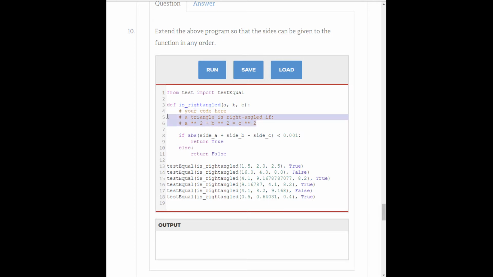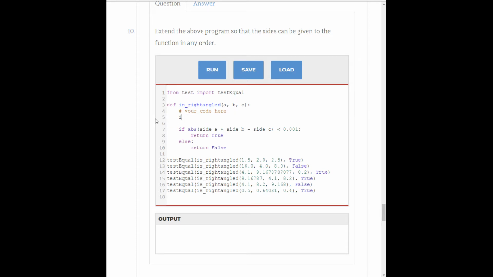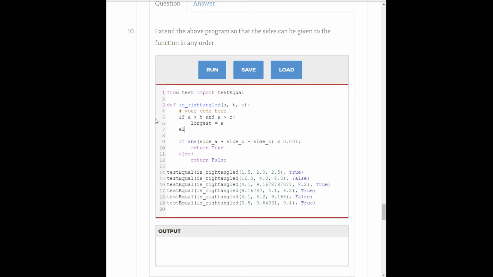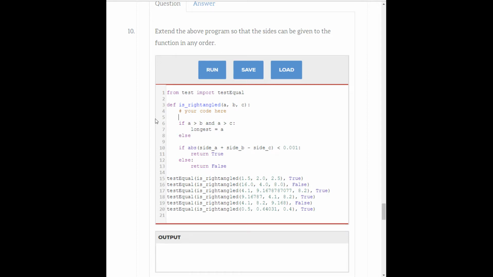We can see if A is greater than B and A is greater than C, then longest equals A. Else, and make sure you define longest outside of here, longest equals, and we can make it an empty string, or we should probably make it a number.